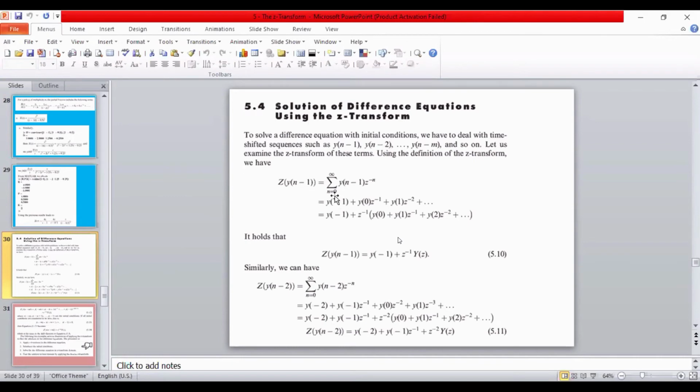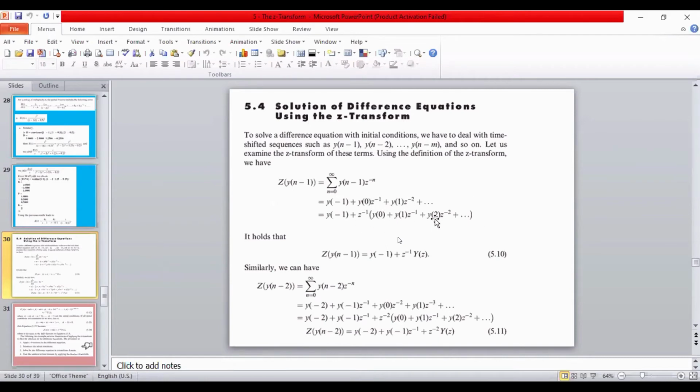Then we substitute n equals 1 into the equation, we get y of 0, right? And z raised to the power of minus 1, etc. Now, what we can do here, we can put z raised to the power of minus 1 in front of the brackets, because we can always have terms expressed like that. So we leave this number alone in front, there's nothing we can do about it, and we put z to the minus 1 in front of the brackets.